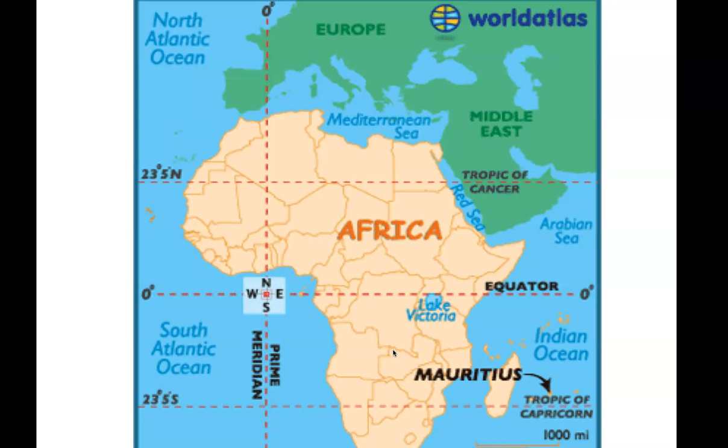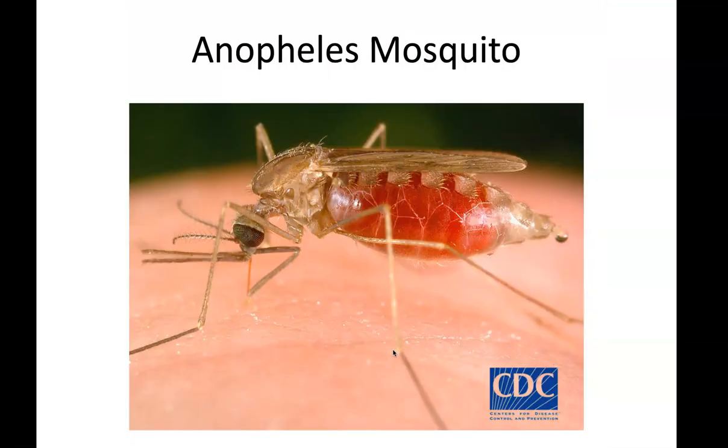Okay? Because take a look at where that tropic line is in the north. Right about the southern border of the country of Egypt right here, right? And in the south, at the northern border of this country of South Africa. All right? But take a look at this map then. Whoops, that's not a map. That's a mosquito. That's an Anopheles mosquito, the main mosquito which spreads malaria.